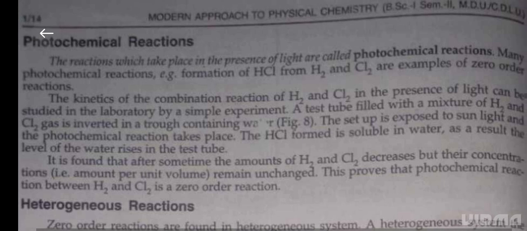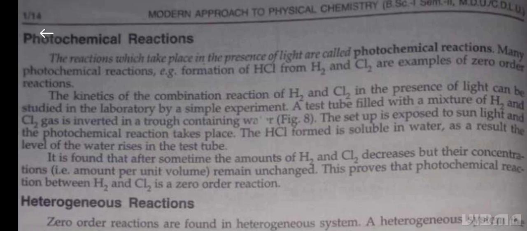Photochemical reactions. The reactions which take place in the presence of light are called photochemical reactions. Many photochemical reactions, such as the formation of HCl from H2 and Cl2, are examples of zero order reactions. The kinetics of the combination reaction of H2 and Cl2 in the presence of light can be studied in the laboratory by a simple experiment. A test tube filled with a mixture of H2 and Cl2 gas is inverted in a trough containing water.